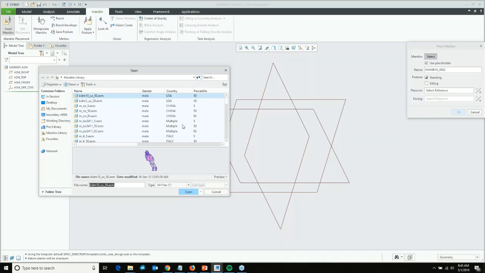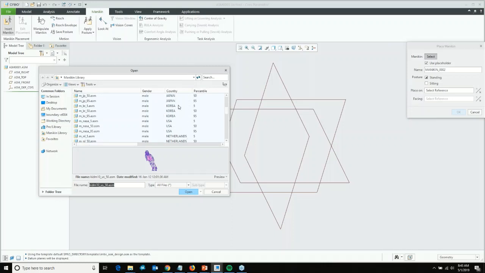And Creo comes predefined with a pretty wide library of anthropomorphically correct human sizes, right? The data mentions anything from genders, males to females, country as well, and also the percentile of the size.